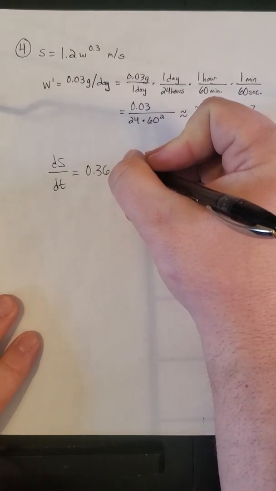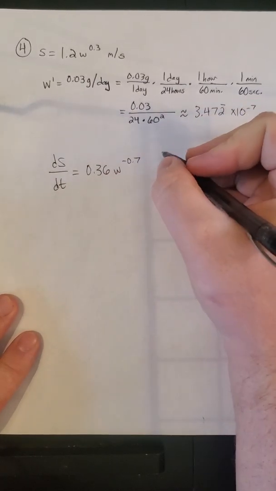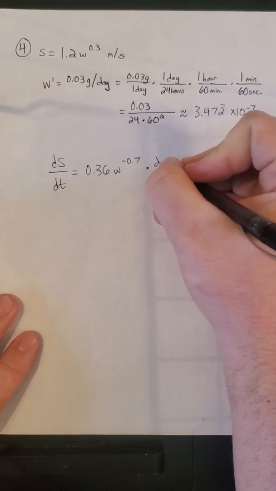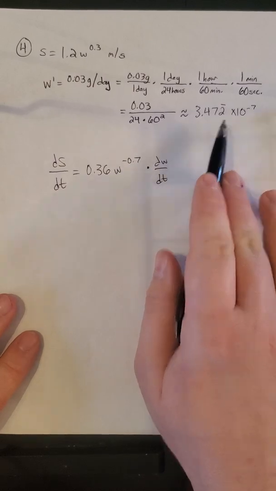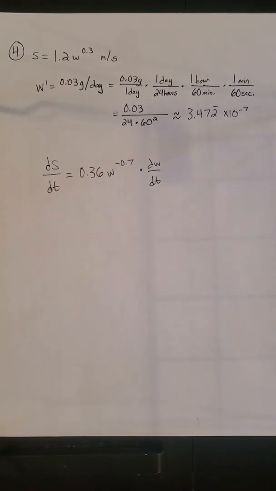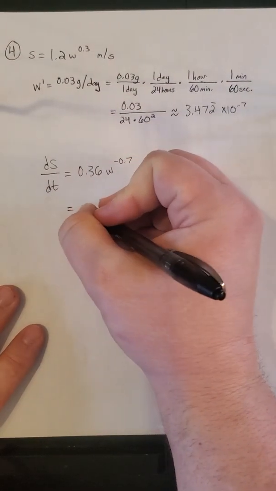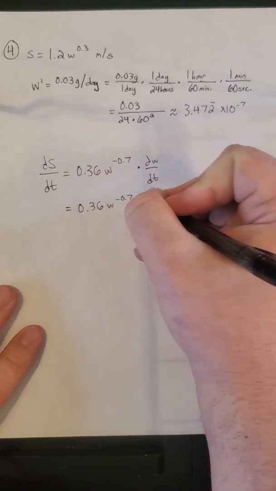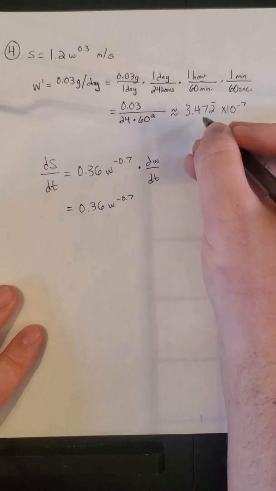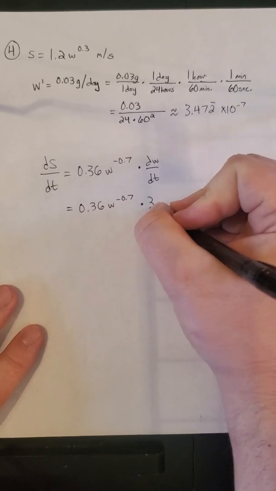We lower the power by 1, that's going to be to the negative 0.7 power, times the derivative of w with respect to time, which we just found right there. So since we know that, we're just going to plug in dw dt. That's what we just found right there.